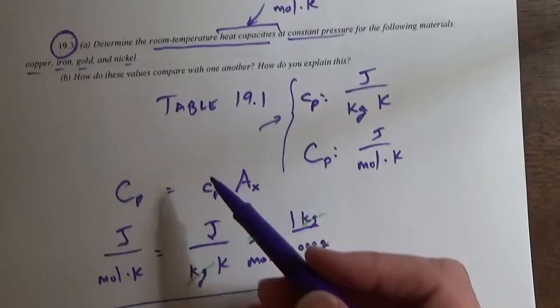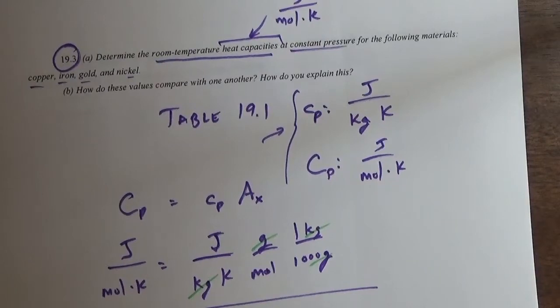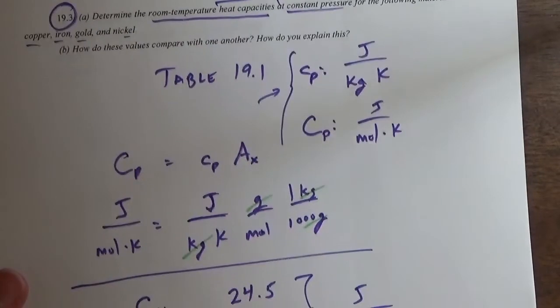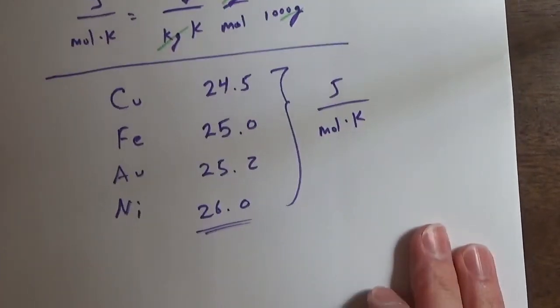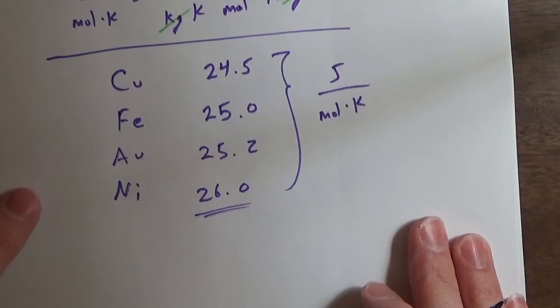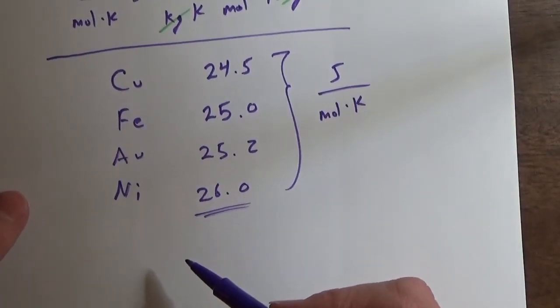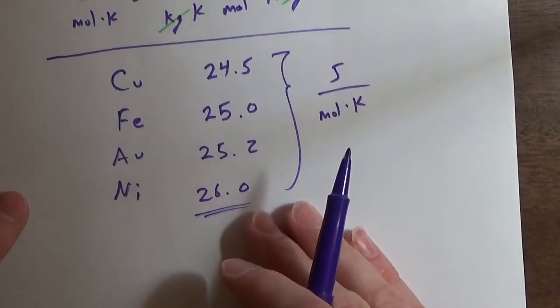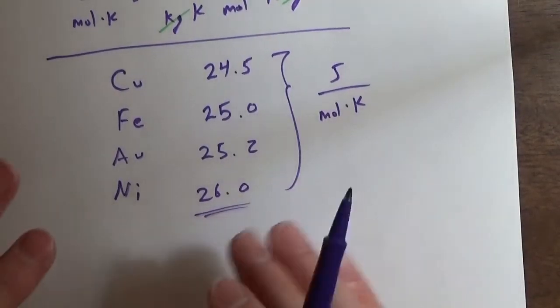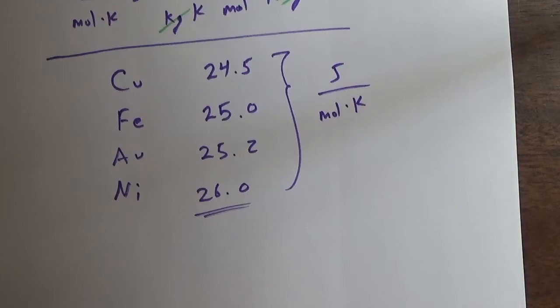And part B of this problem says, how do they compare and how do you explain this? Well, they are all about the same. They're approximately the same, and the reason is, for one, they are all at a relatively high temperature.